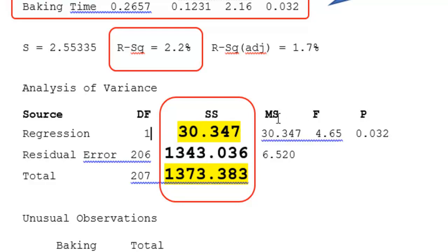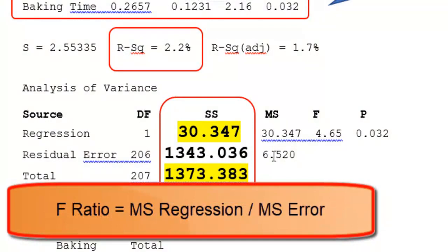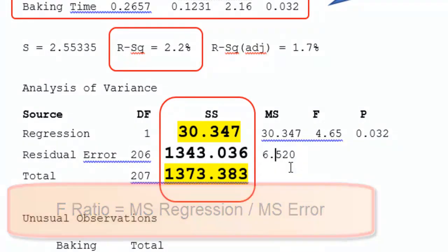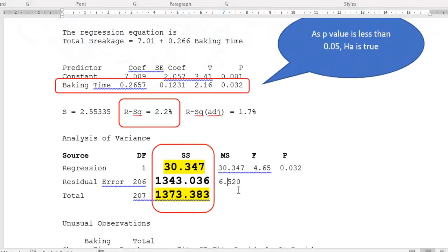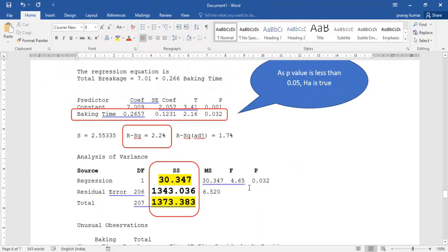F is nothing but MS of regression by MS of error. इन दोनों को डिवाइड करके देखो. MS of regression divided by MS of error. 4.65, check कर भी.